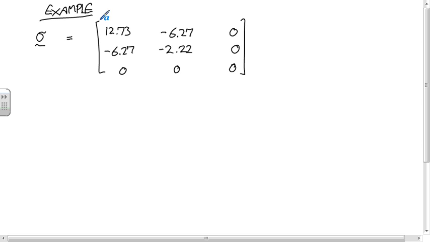By the way, this is a plane stress problem. What plane is relevant here? XY plane, because there's nothing going on the Z face.